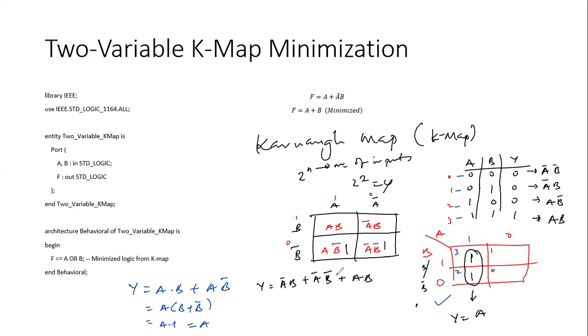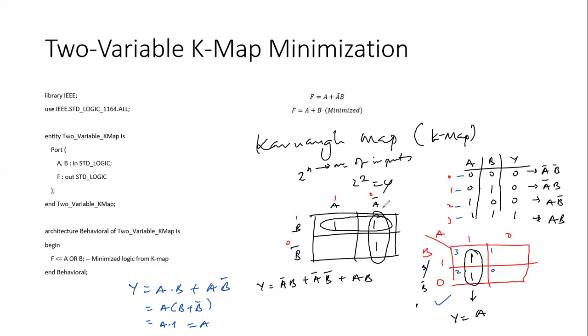No, this is not correct. Let's wipe all of this. So A bar, B, this is 1. A bar, B bar, this is 1. Then AB, this is 1.